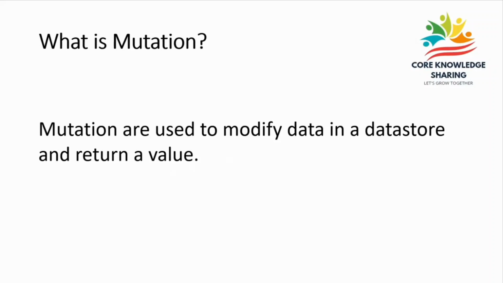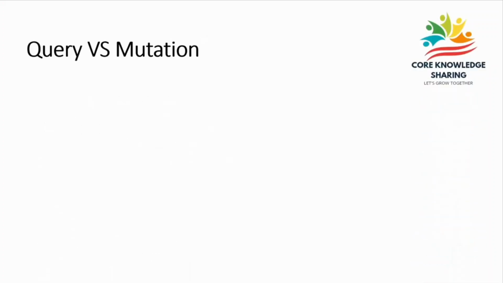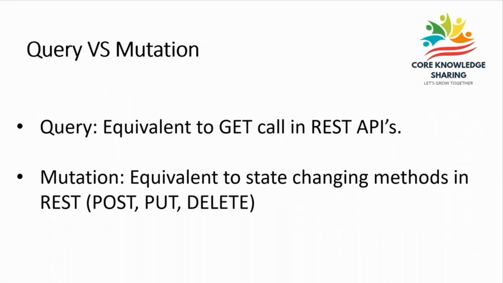In our case, the data source is the SQL Server database. So if we compare query versus mutation, a query in comparison to the REST API is like the GET request, and the mutations are like the state changing methods, which for example are POST, DELETE and PUT, etc.